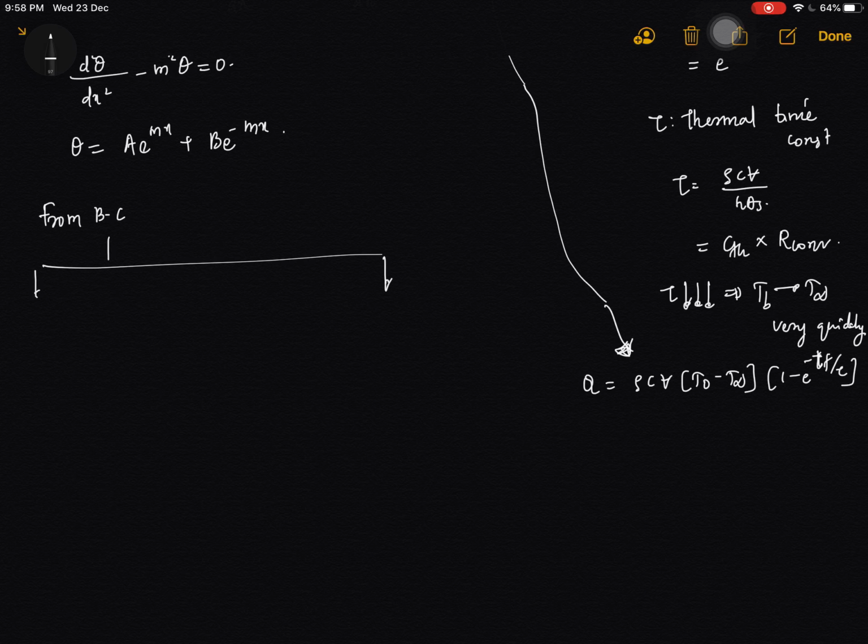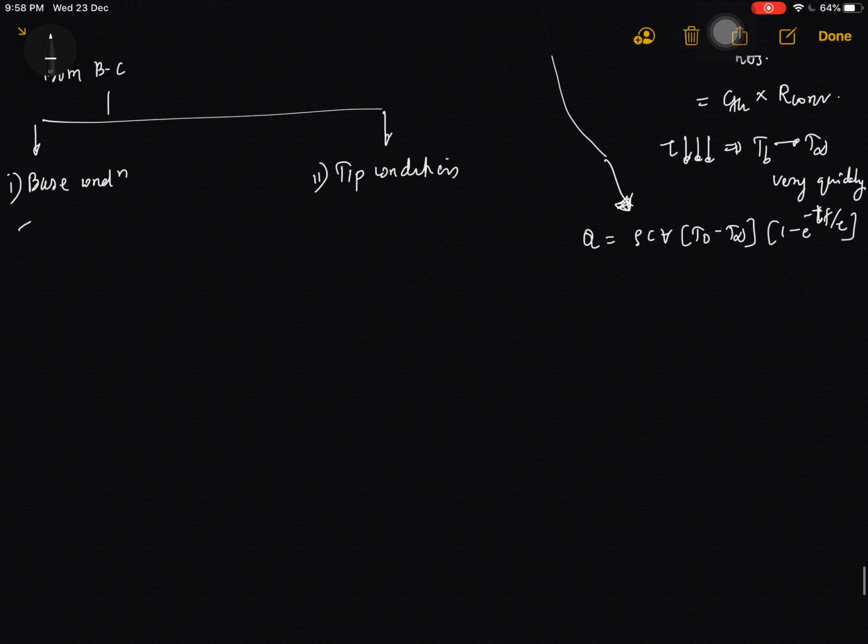That is, there are two boundary conditions: the first one is the base condition, and the second one is the tip condition. And at the base the temperature T is equal to Tb and theta is equal to theta b, which is equal to Tb minus T infinity.